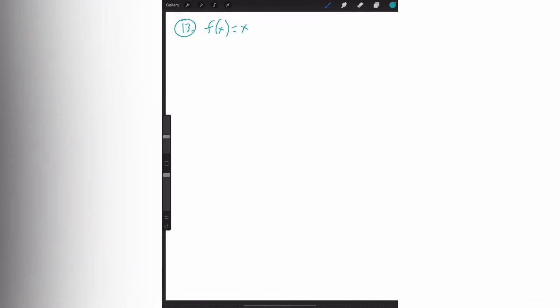It's a line that goes through 0, 0, from left to right, moving upward. So for number 13, we're going to translate it up 5 units. As we've learned already, we're going to take what we have and add 5 to it. And that's how we move it up.